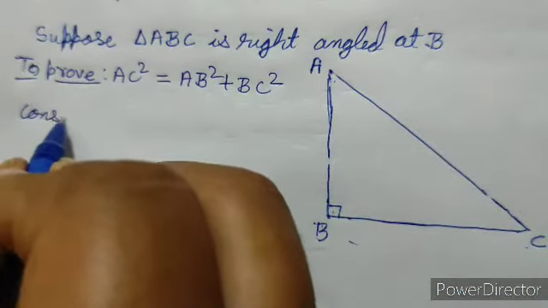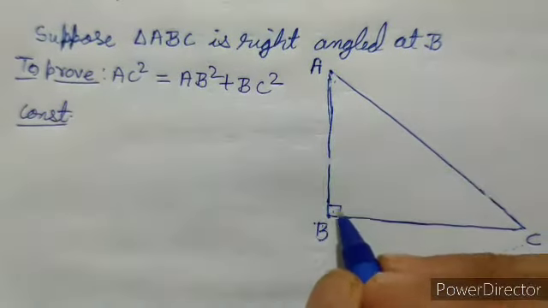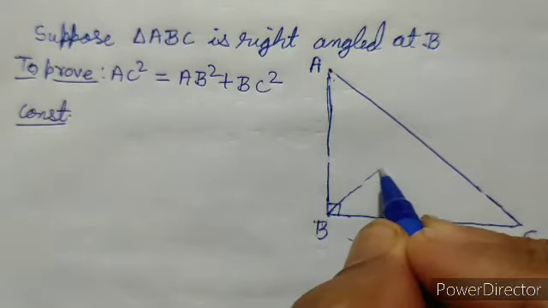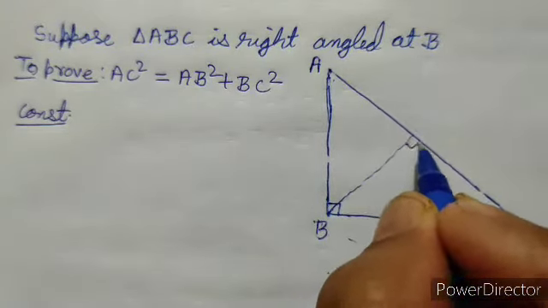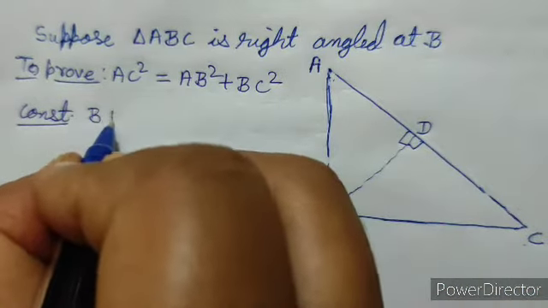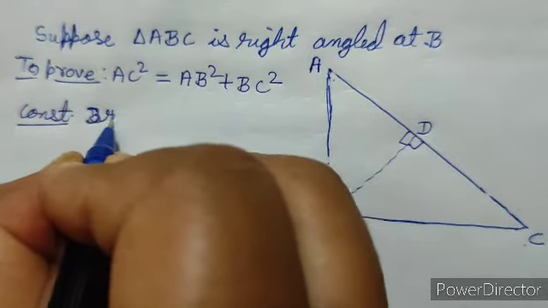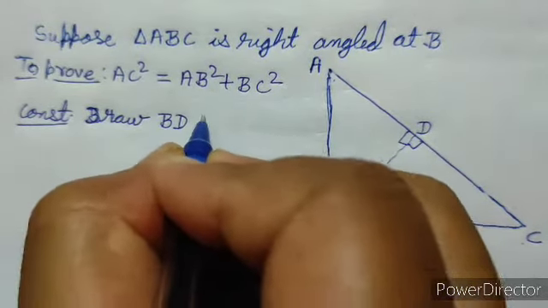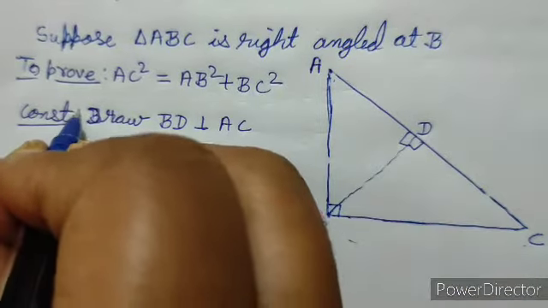Now first of all, we will draw a perpendicular from B on AC. Suppose BD is perpendicular, we draw BD perpendicular to AC.